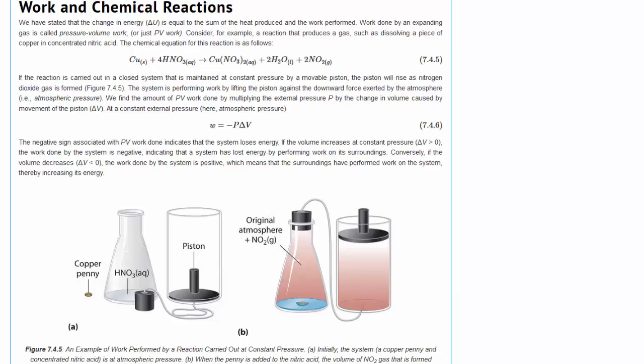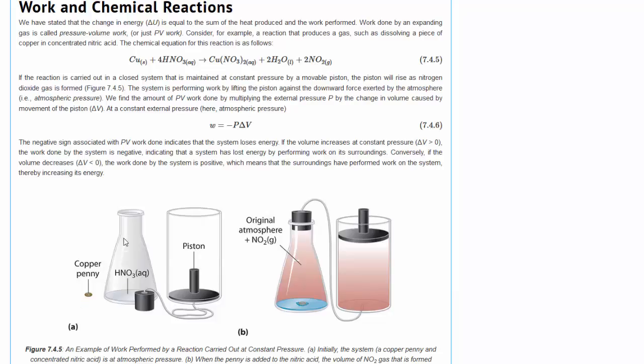Now, we can talk about work in a chemical reaction. Let's say we have nitric acid here in this Erlenmeyer flask. There's our copper penny. We have a stopper here that's going to go into this flask. Notice there's a cord that goes from the stopper into this other vessel with a piston. Here's my reaction: copper solid plus 4 moles of nitric acid goes to copper(II) nitrate plus water plus 2 moles of NO2 gas.